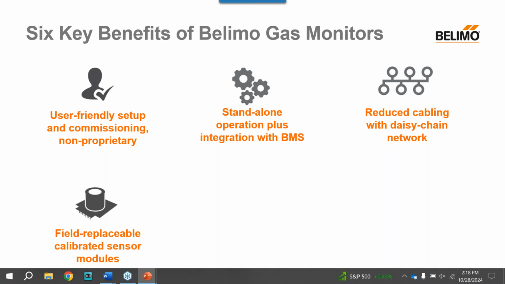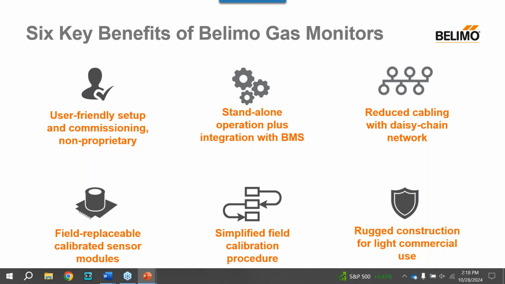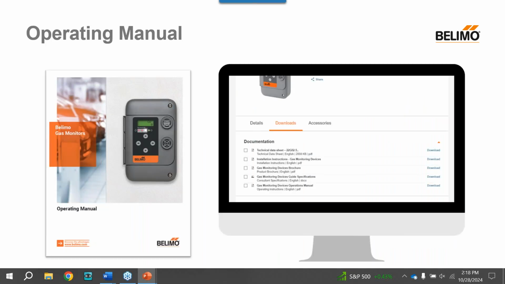The sensor modules are easily recalibrated and replaced when their end of life is reached, and they have a good design and rating for harsh residential and light commercial uses.